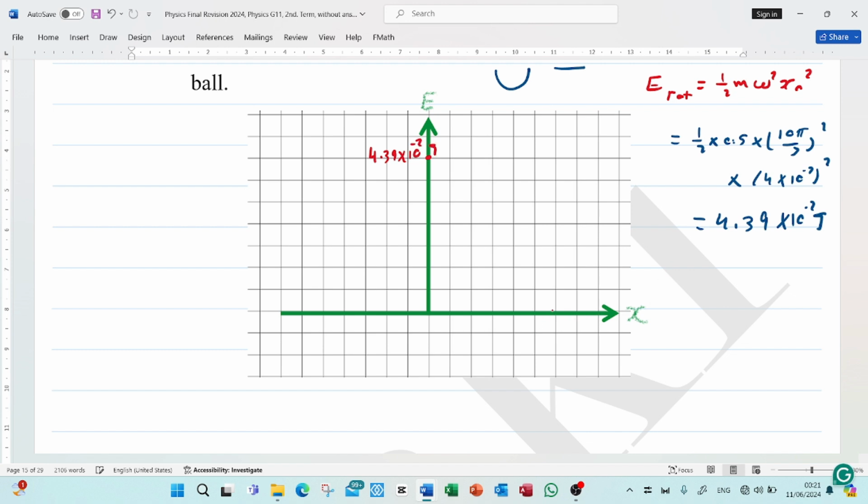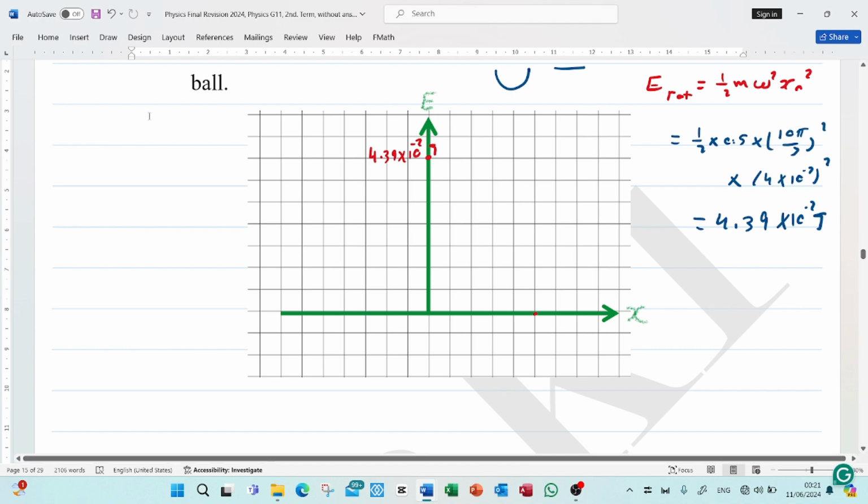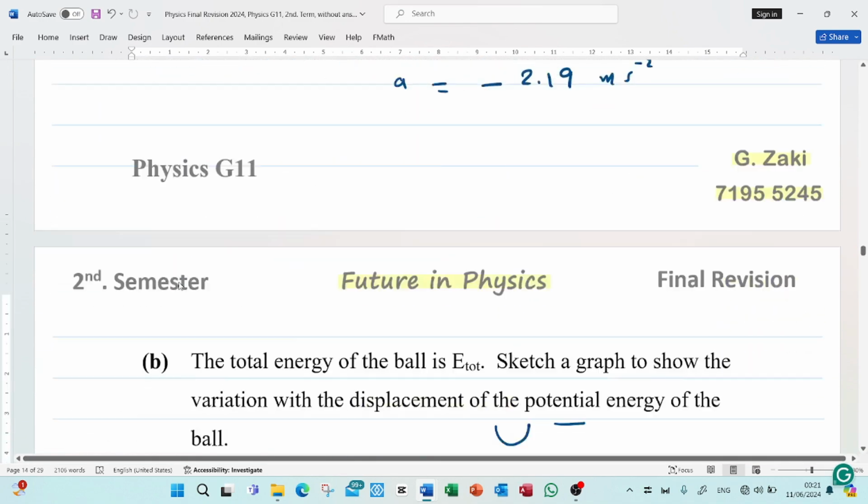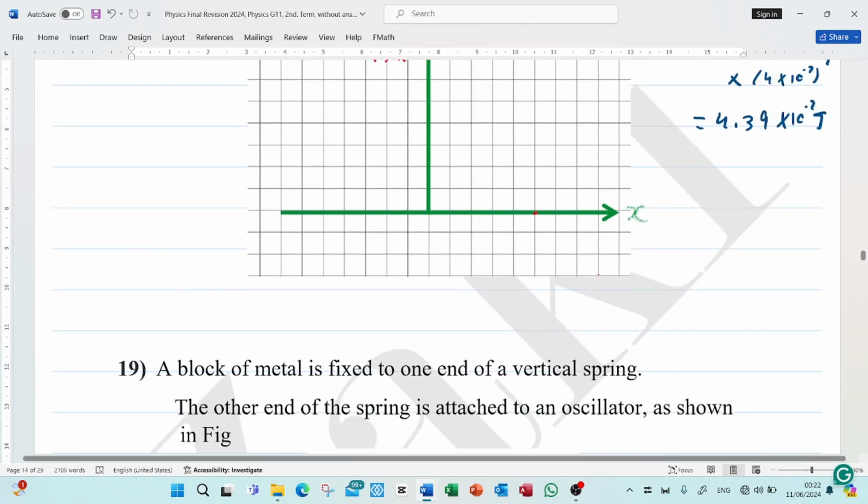And the displacement here is 4 centimeter from the graph. We return back to the graph. It is here 4 centimeter. Then here the displacement is 4 multiplied by 10 to the power negative 2. This is the displacement in meter. The same distance, 1, 2, 3, 4, 1, 2, 3, 4. Here the same distance.